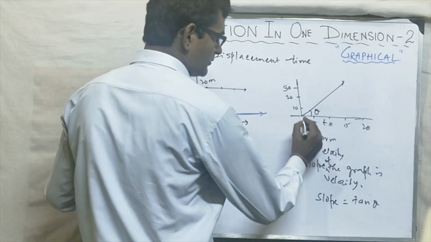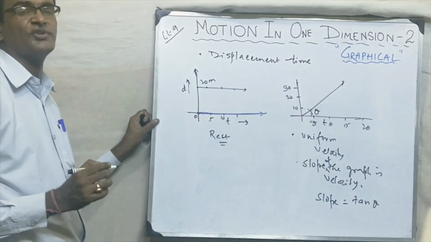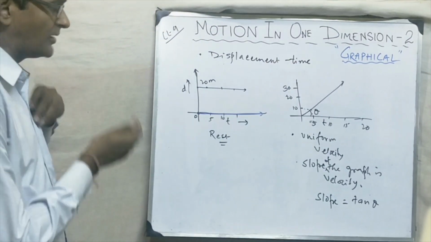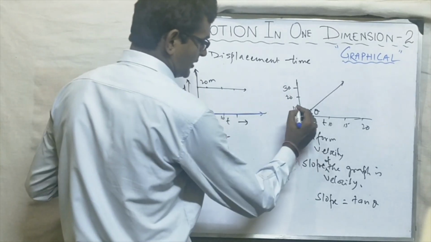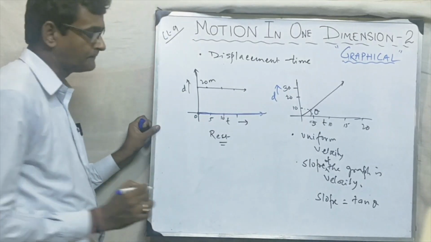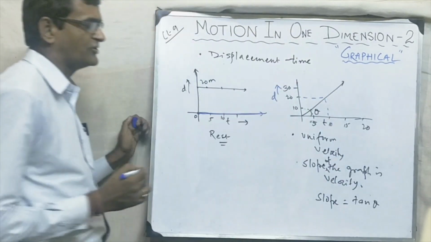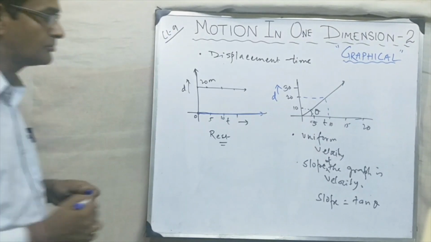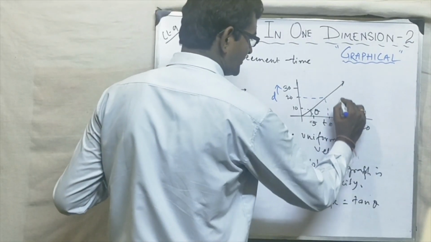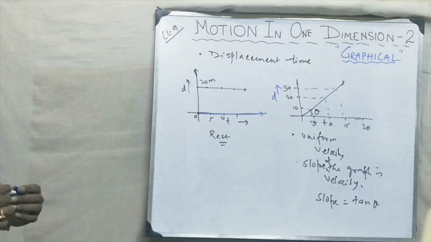So you see, after 5 seconds, what is the position of the body? Position of the body is 10 meters. After 10 seconds, the position of the body is 20 meters. After 15 seconds, the position of the body is 30 meters.